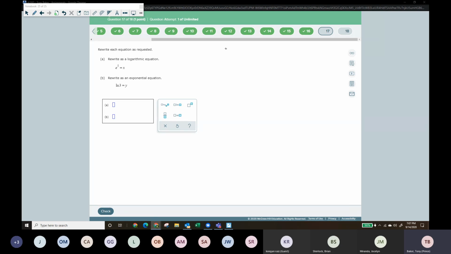Just like we were looking at before, log base e is ln. That stands for natural log. So when you see an e, it reverses to that. So you don't have to actually put log e, you just put ln.